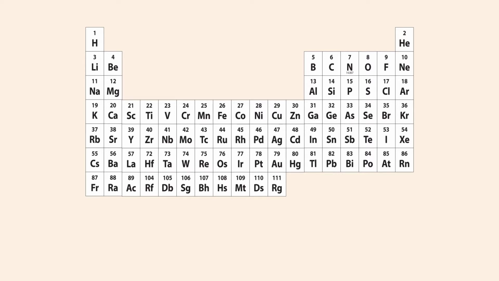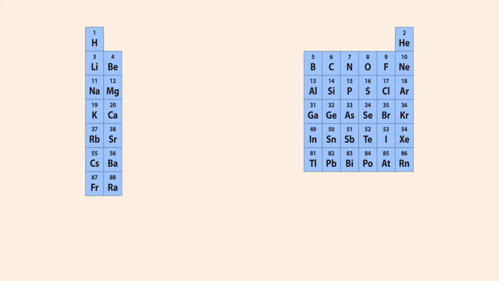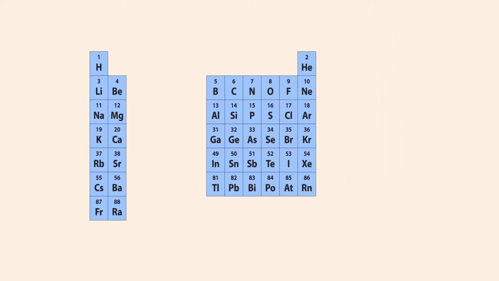Let's take a close look at this periodic table. We will focus our attention on main group elements, which are colored blue, and ignore the transition metals, which are colored gray. To simplify things, we will cut out the transition metals to create a truncated version of the periodic table.